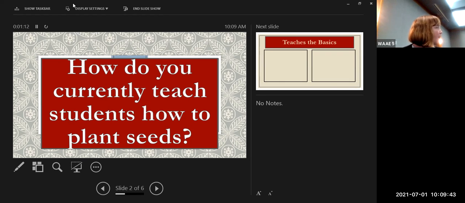Well, the first thing I do is, we have 2 large greenhouses, and in one of them I have grow lights, so the very first week of school, we plant just a pile of veggies. I grow veggies in the fall, kind of indoor garden stuff. A lot of it's trial and error.